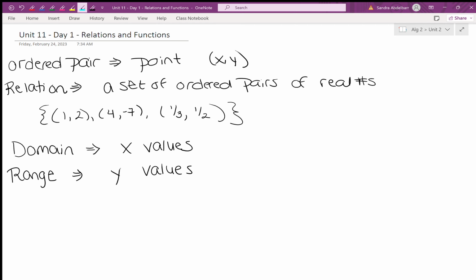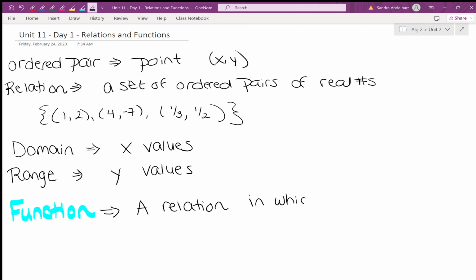All right, function. A relation in which each ordered pair has a different domain.